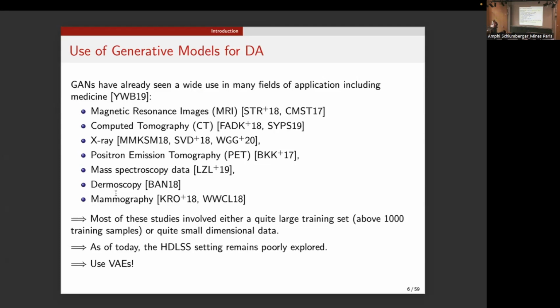But usually this literature either reduces the dimension first, so as not to have 4 million voxels, or uses above 1,000 training samples, which we never had. So at the end of the day, this high dimensional low sample size setting was not treated, and the VAE appears to be the good way.